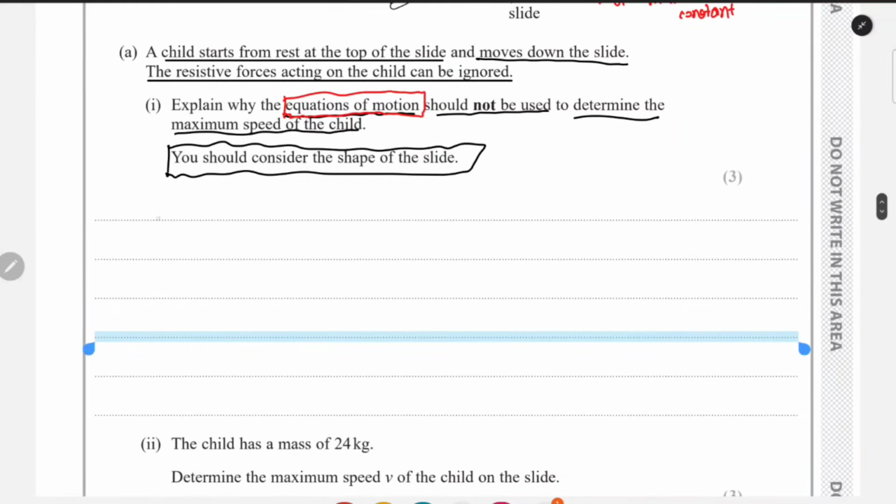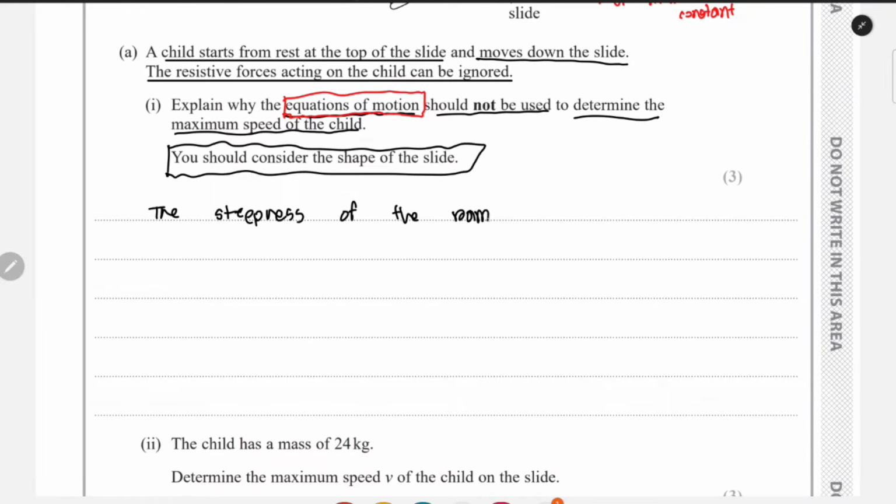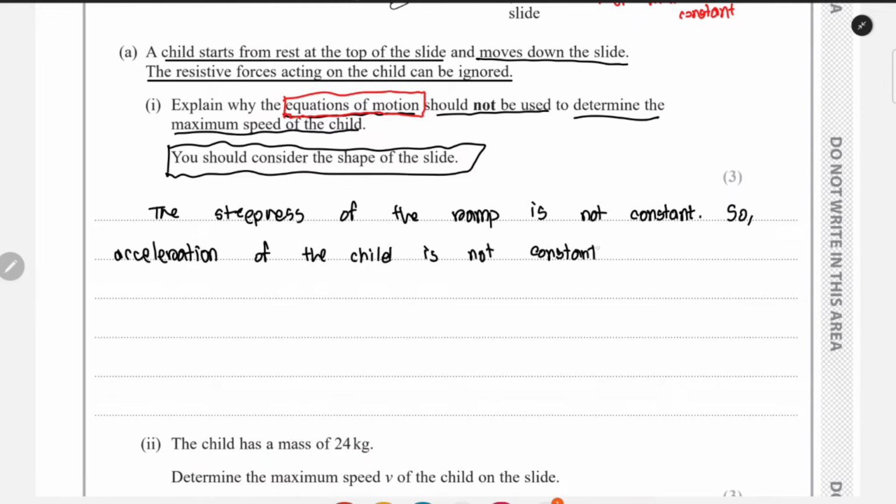So we'll say that the steepness of the ramp is not constant. So acceleration of the child is not constant as well.